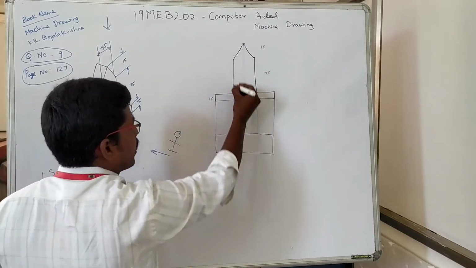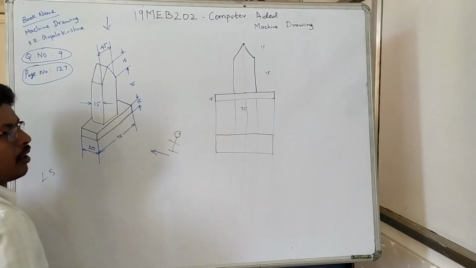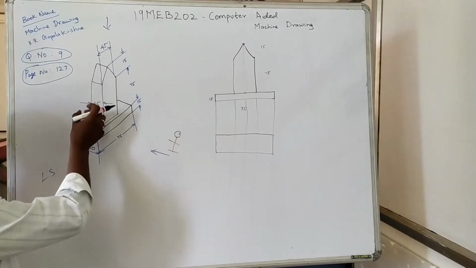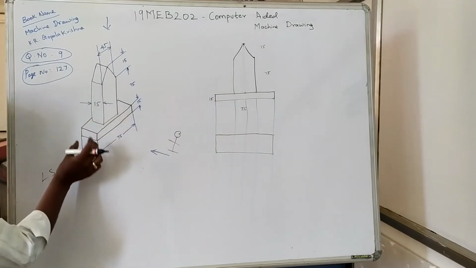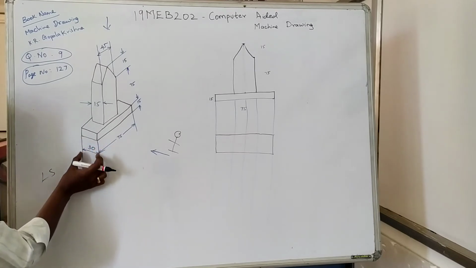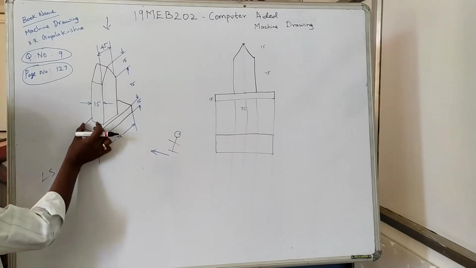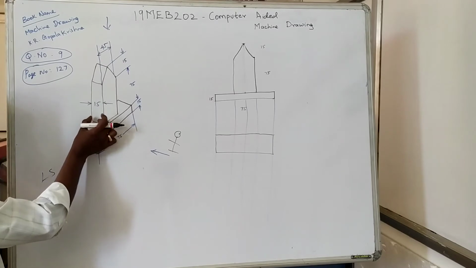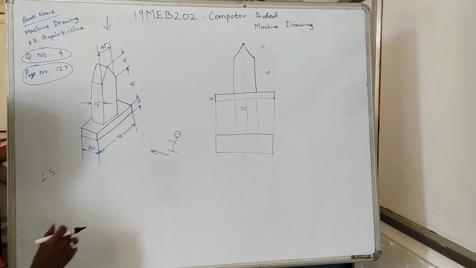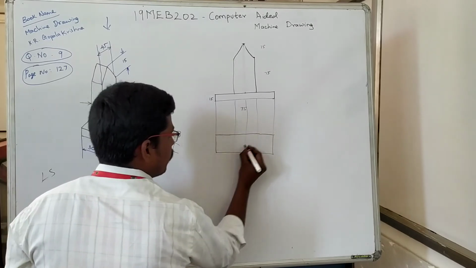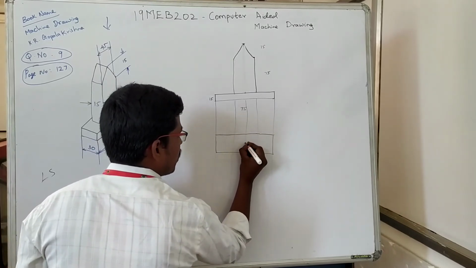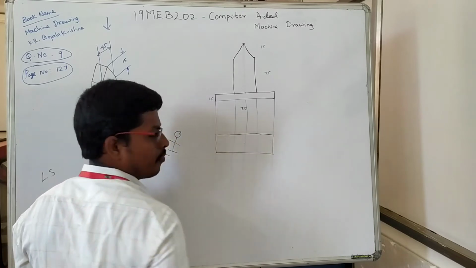So this line. Okay. Now the question is, this width is 15 millimeter, but this width is 30 millimeter. So I have to make up this part in the exact center. So I need this center point, 15 millimeter. From here to here I am marking the 15 millimeter.